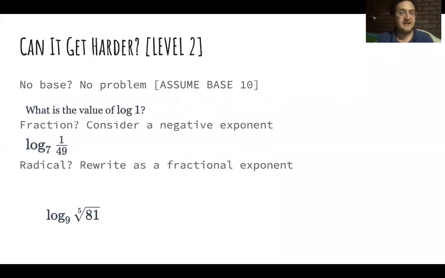Let's take a look at some other ones as well. For the level 2s, there are a few things that we put in there to make things more interesting. If there is no base, we can assume that it's base 10. Actually, logarithms relate to base number systems.